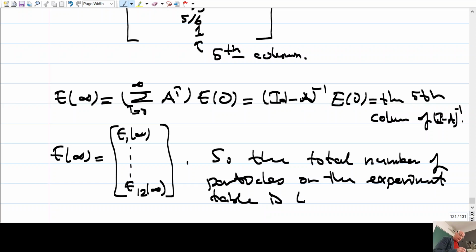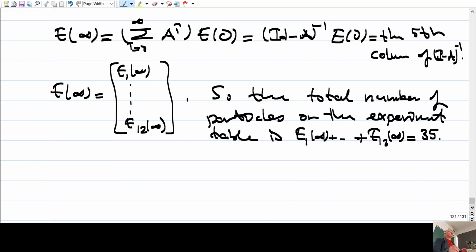If you sum up these numbers, you get 35. So as t goes to infinity, the number of particles on the experiment table becomes approximately 35.